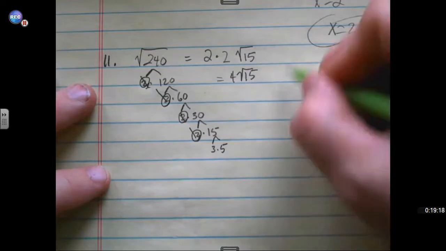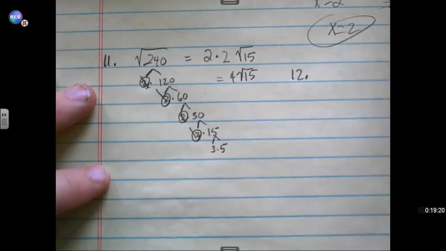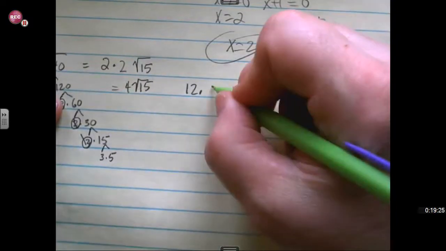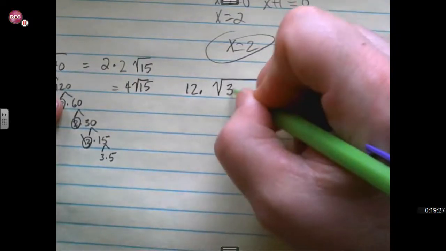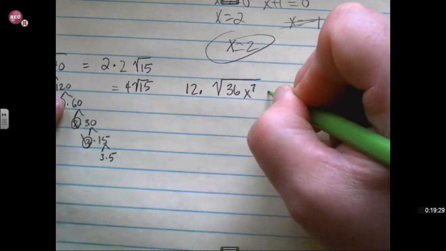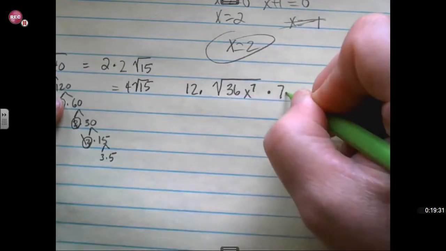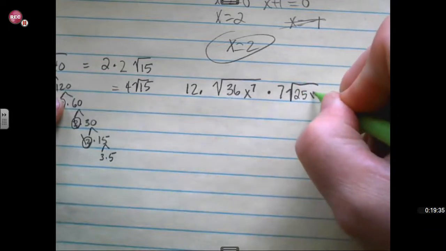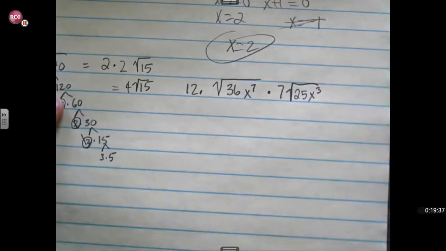Number 12 has the square root of 36 x to the 7th times 7 times the square root of 25 x to the 3rd. Well, this is a little precarious.